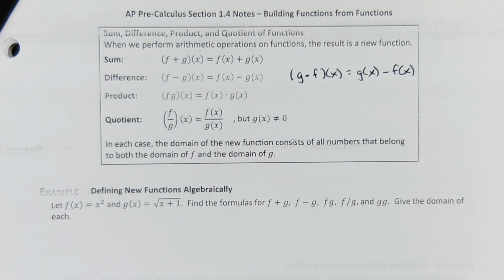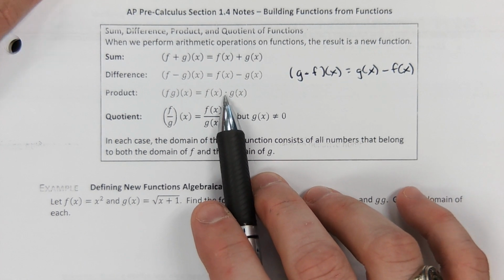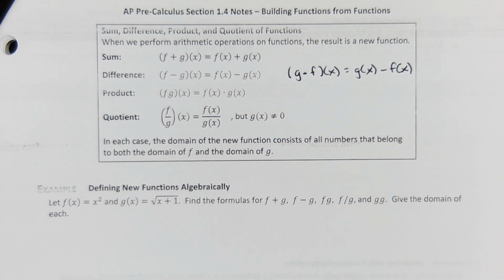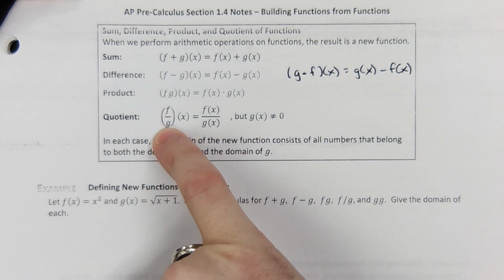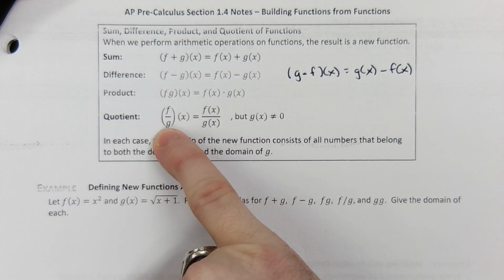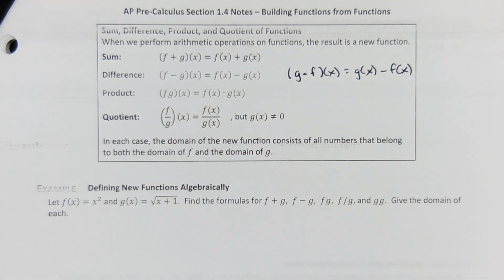Product fg of x. Again, this doesn't mean times x. It means function f times function g. F of x times g of x. And 2 times 5 is the same as 5 times 2. So once again, order doesn't matter. Just watch out for it. Because for division, order does matter. 5 over 2 is not 2 over 5. Order matters.